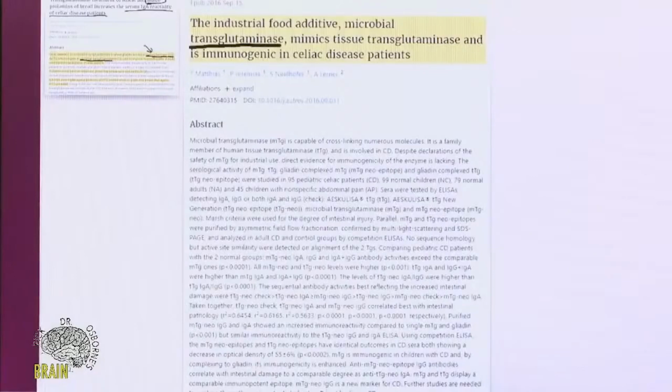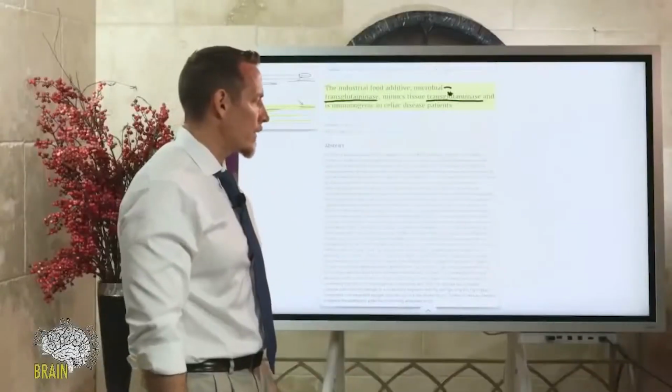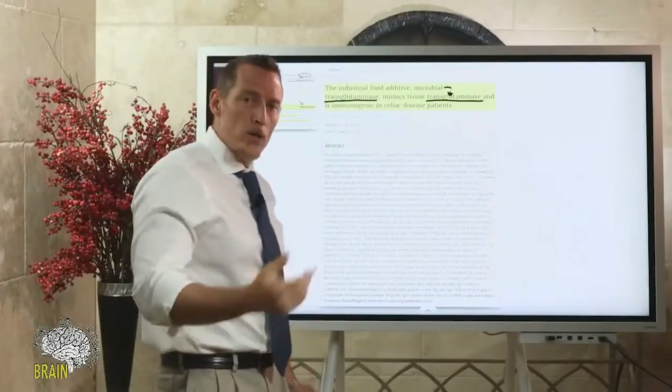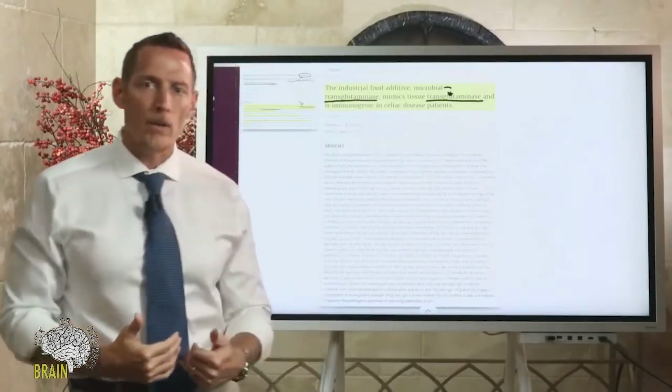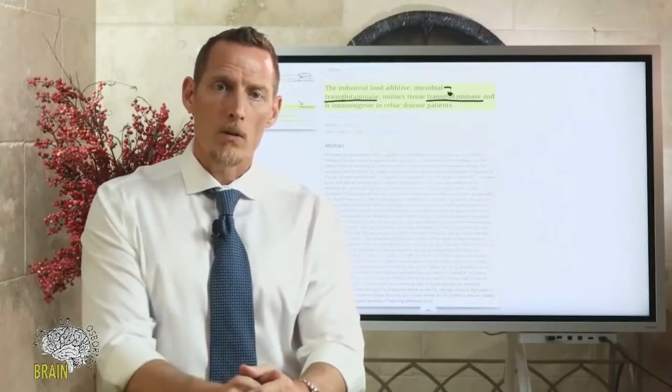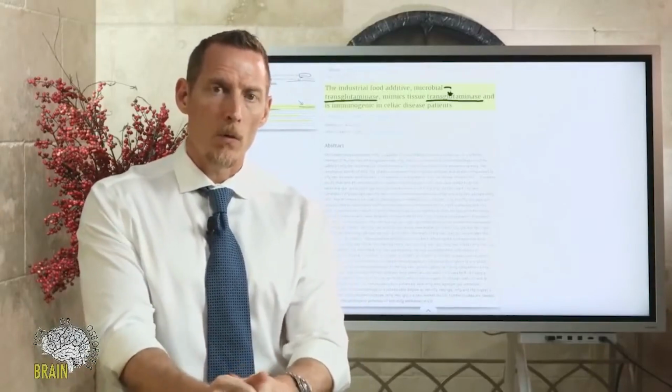Well, if we add microbial transglutaminase to our diets, it mimics our own transglutaminase, and it makes that gluten protein even more reactive, even the gluten proteins that are found in corn. Because oftentimes you'll hear that corn is gluten-free, although corn does have a gluten. It's called zein, and using that enzyme with that corn gluten makes that corn gluten more reactive. And we see that same thing with a number of other different proteins. It makes those proteins more reactive.